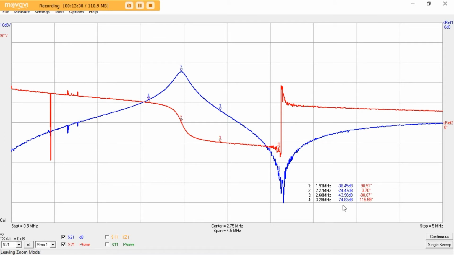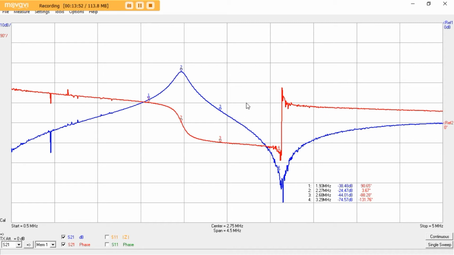And the insertion loss is back to about 24.5 dB. Scan that again. It's stable. And this parallel mode that appears in the transmission gain across the secondary coil is now back again.